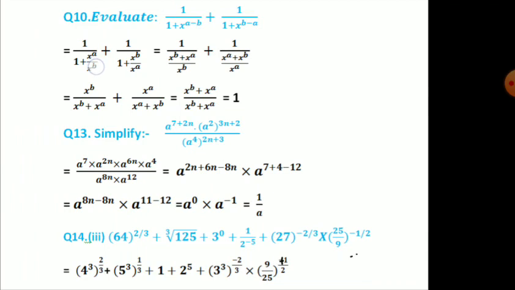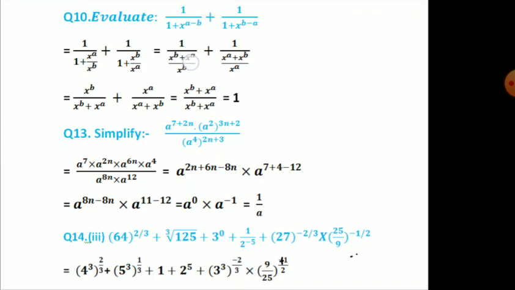That is 1 divided by 1 plus x to the power a divided by x to the power b plus 1 divided by 1 plus x to the power b divided by x to the power a. Now in the first case, we can take x to the power b as the LCM.